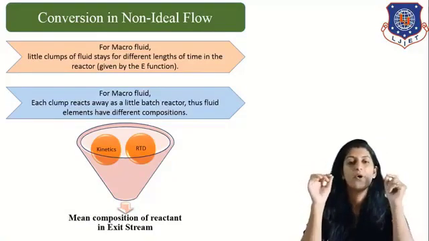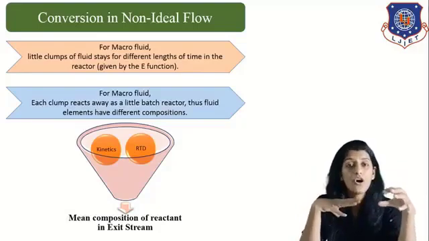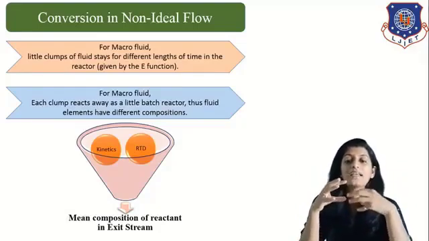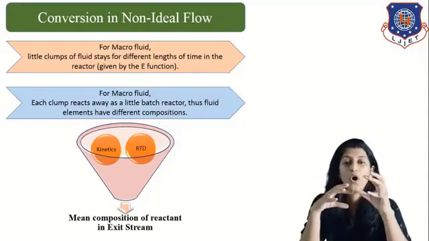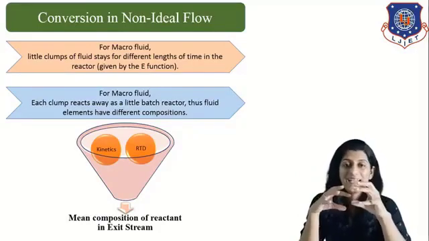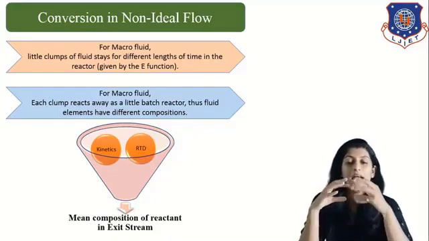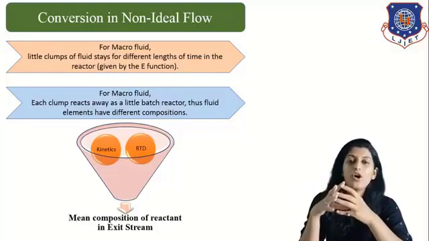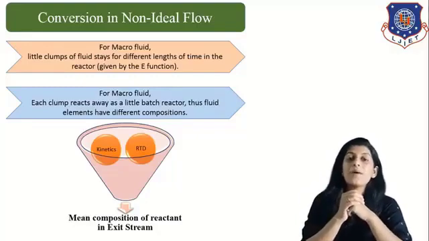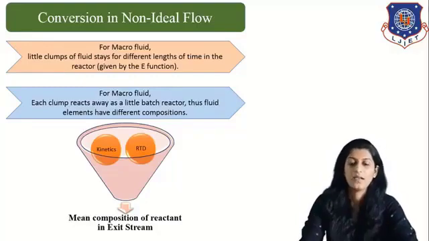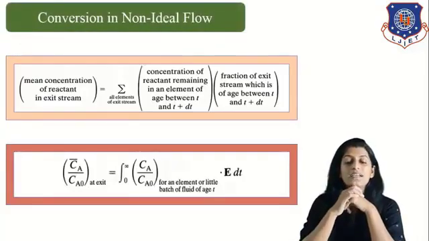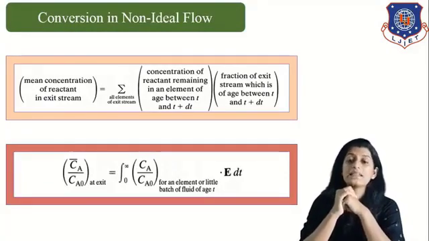And when these small atoms or molecules of reactant combine in lumps or clumps to form small batches, and they perform as a batch, then it is known as macrofluid. Correct?